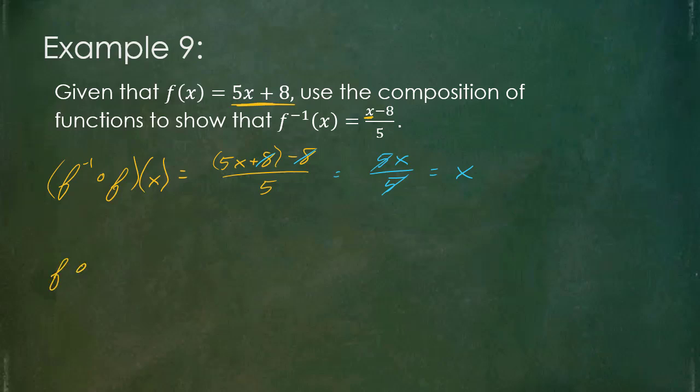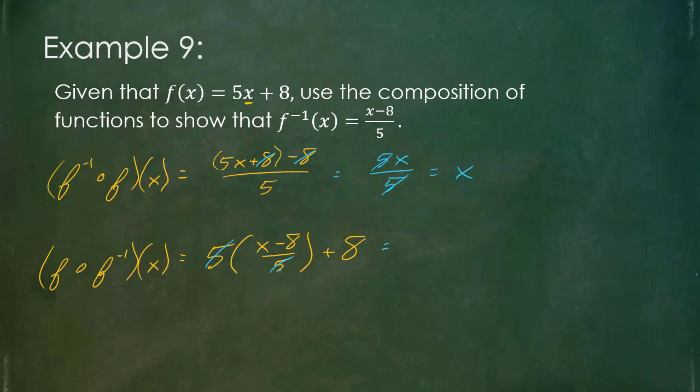Now we do the other composition, f of f inverse, just to verify, and if this happens to turn into x as well, then we can say, yes, those two truly are inverses of one another. So in this scenario, plugging the inverse function in where I see x in the f function, it's going to be 5 times, I'll replace it, x minus 8 over 5, and then I still have the plus 8 outside. Well, if I look at what happens here, notice that the 5 divided by 5 will reduce each other down, so I'm left with x minus 8 plus 8.